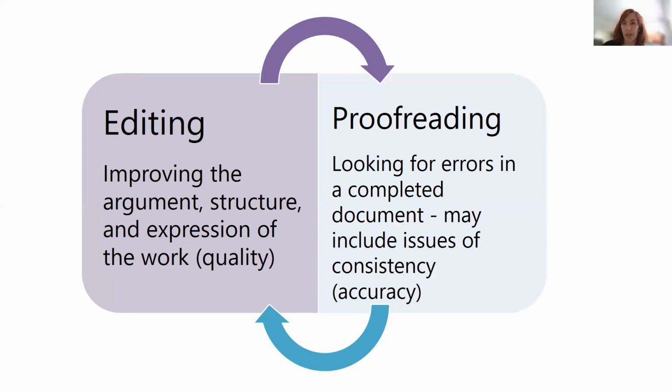And then at the very end, the proofreading is looking for those typo errors, those inconsistencies in formatting, those referencing checks to make sure your EndNote or Mendeley or Zotero has automatically corrected your references.